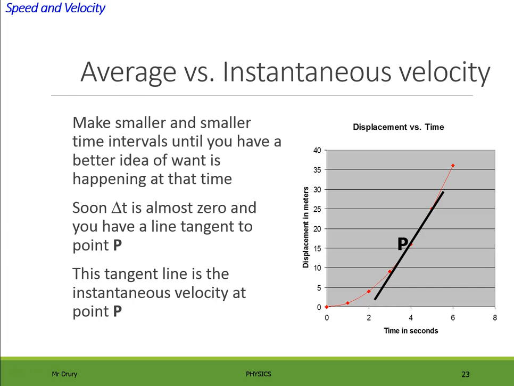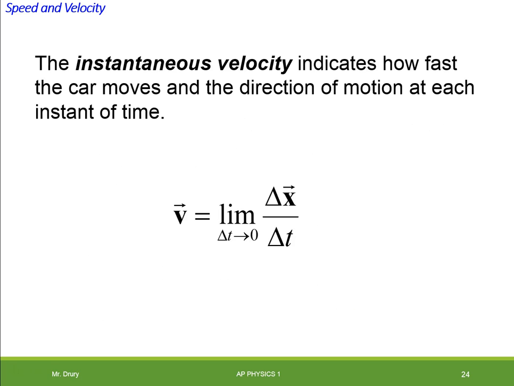Another way of thinking of it is that instantaneous velocity indicates how fast the car moves and the direction of motion in each instant of time. So how this is read is it's a change of position over the change in time as time approaches 0. As this gets infinitely small, this ratio will become the instantaneous velocity.